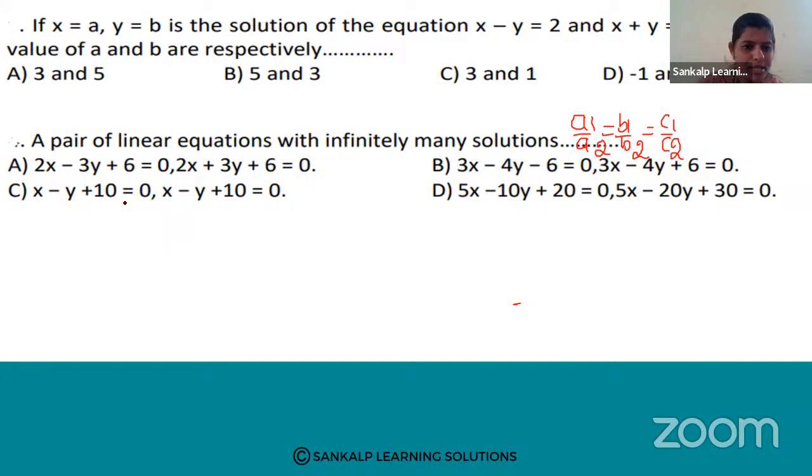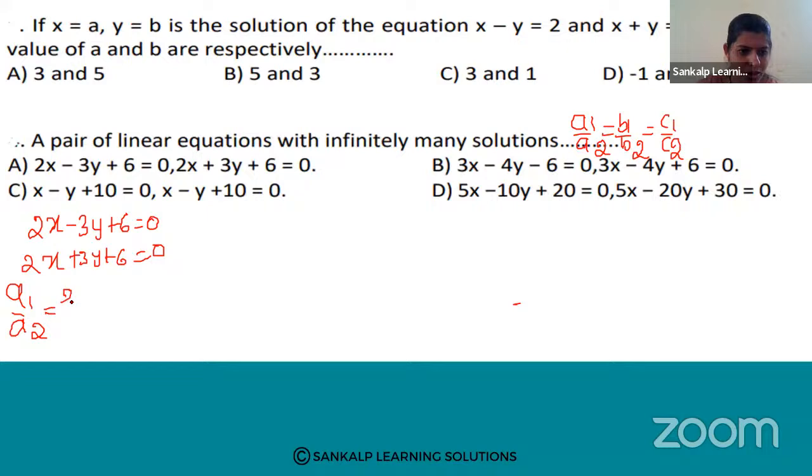Okay, so first one is 2x minus 3y plus 6 equal to 0, 2x plus 3y plus 6 equal to 0. So compare a1 divided by a2, that is 2 divided by 2, you will get 1. b1 divided by b2 is minus 3 divided by 3. So you will get minus 1. So this is not correct.